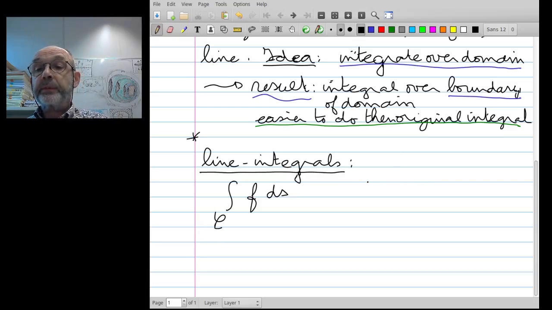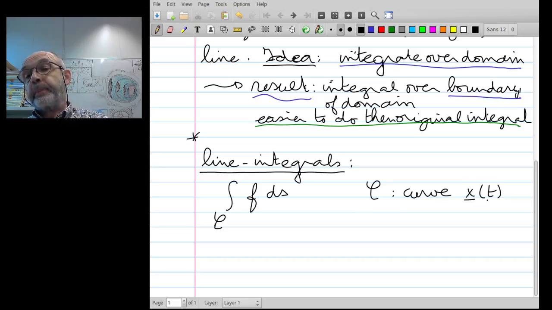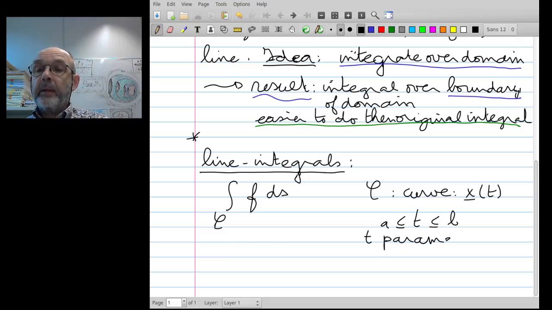C is a curve, and most of the time we assume that you have a curve x(t). So your t is your parameter, and that t is between certain values a and b. So some bounded domain, and you have some curve. t is a parameter, and then you want to integrate that function over that curve.